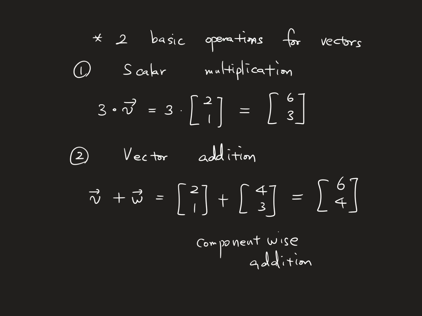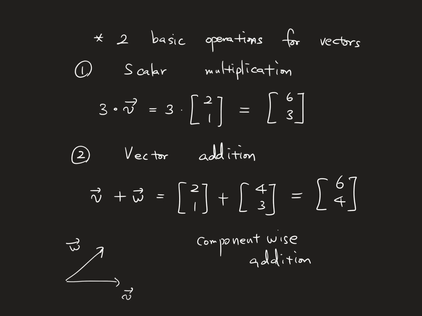But if you think of a vector as something that has magnitude and a direction, for example, this is the v vector, and w is another vector, then v plus w should be this vector.